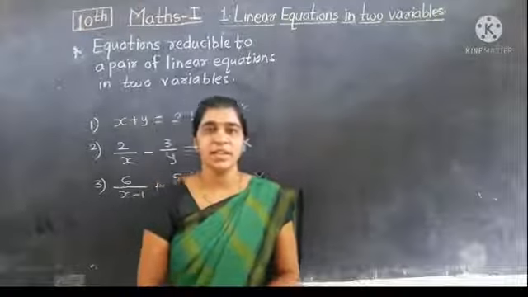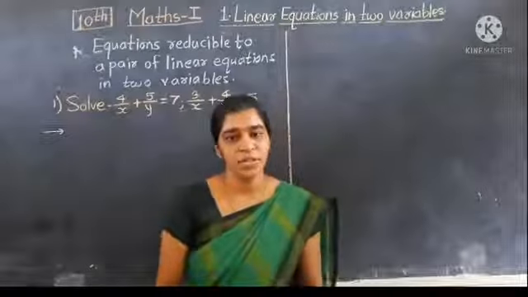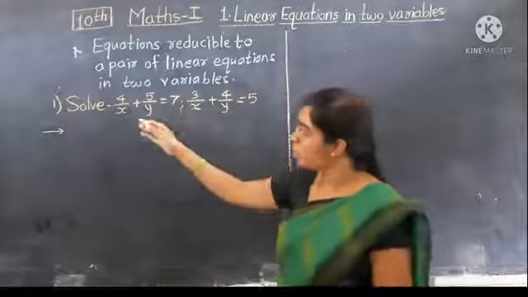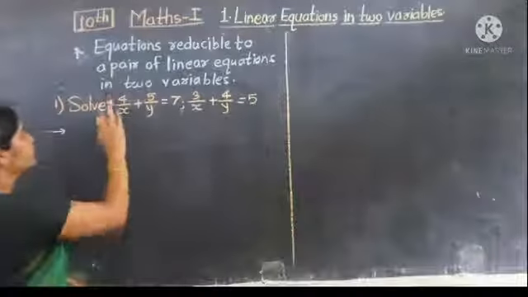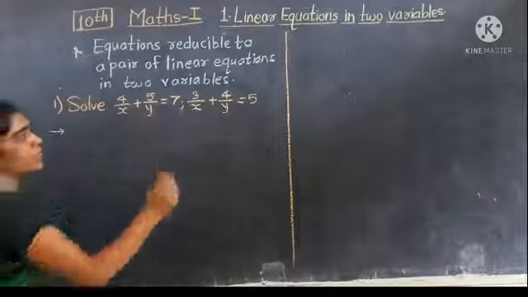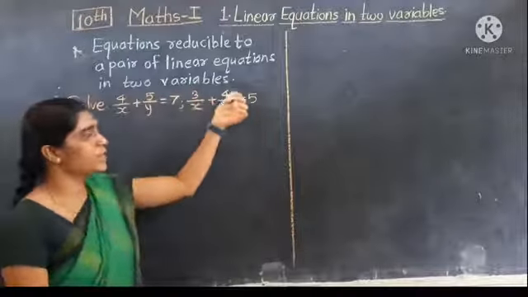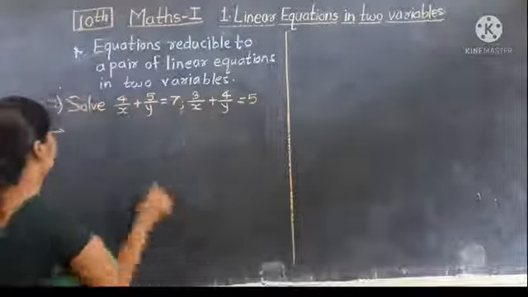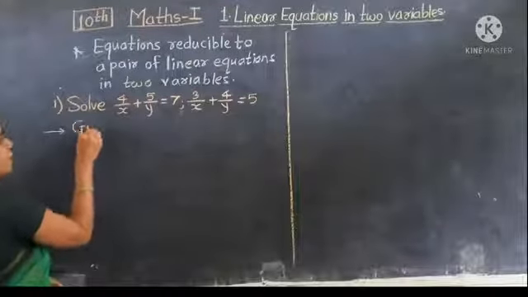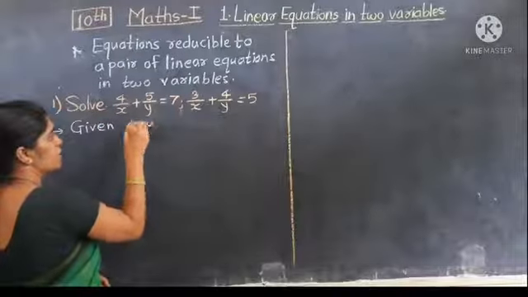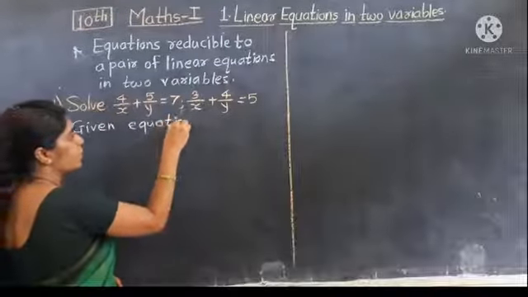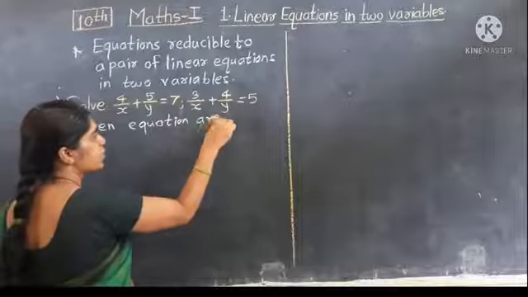So let's start. See students, solve 4 upon x plus 5 upon y is equal to 7 and 3 upon x plus 4 upon y is equal to 5. First we write the given equations.